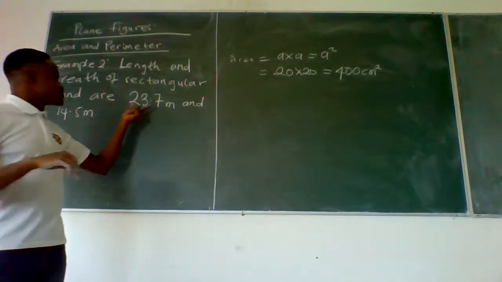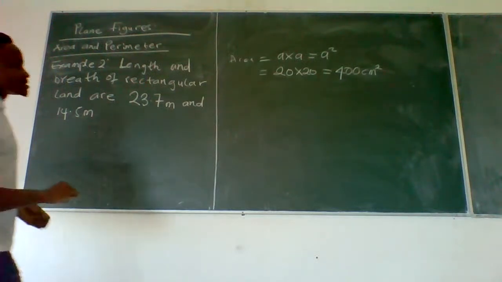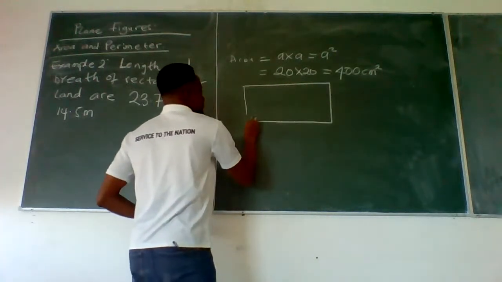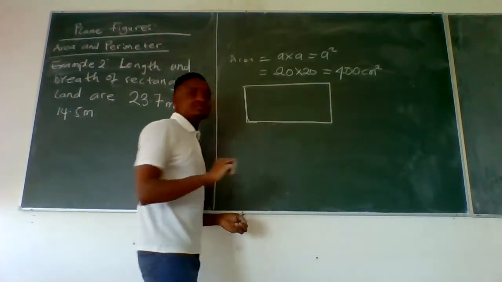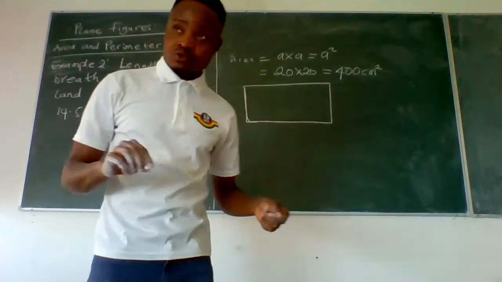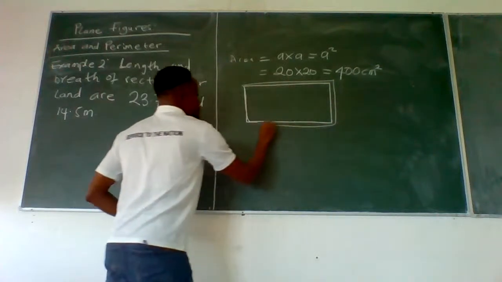The longest side is 23.7 meters, and the shortest side is 14.5. So first of all, this is the land that your mom has. Let's say it's a backyard garden, and she has bought this wire to fence the whole of this place.